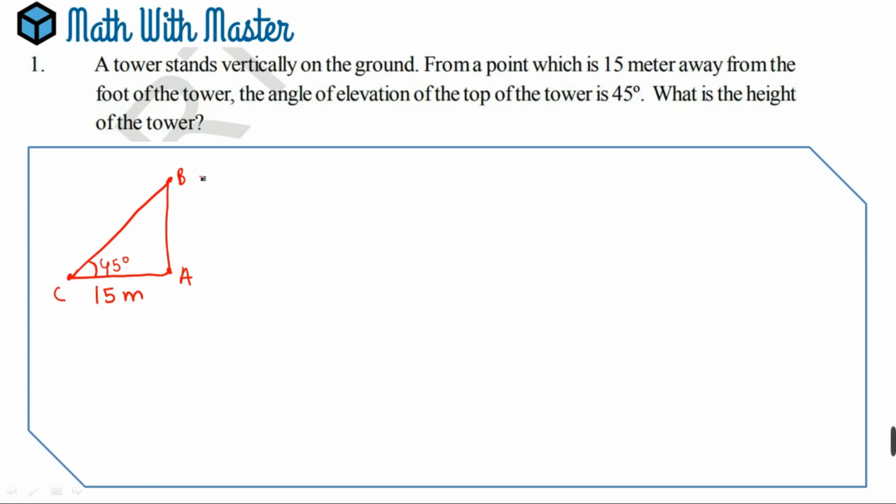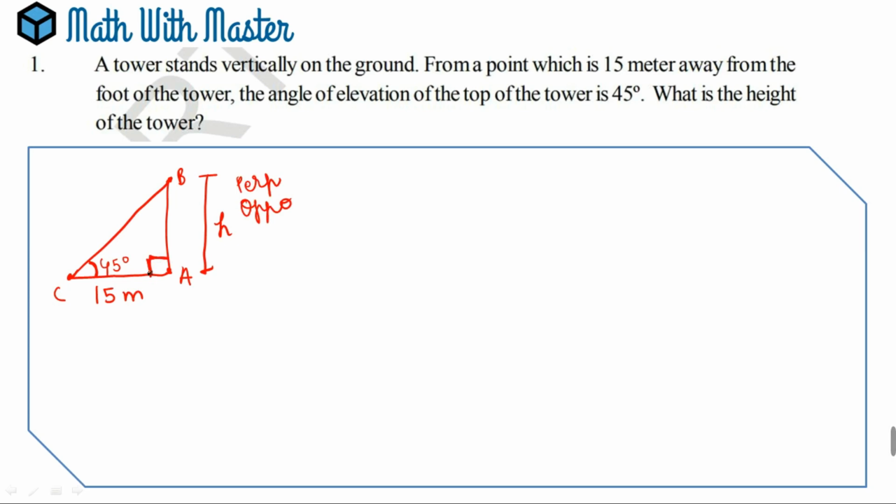So we will let side AB be H as the height, and for angle C, AB is perpendicular or opposite, and it is standing vertically on the ground.